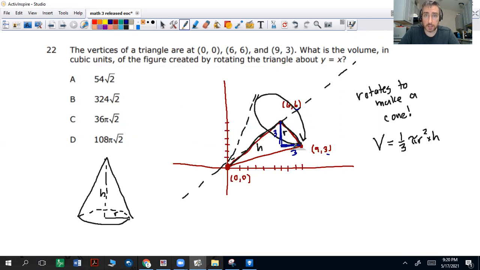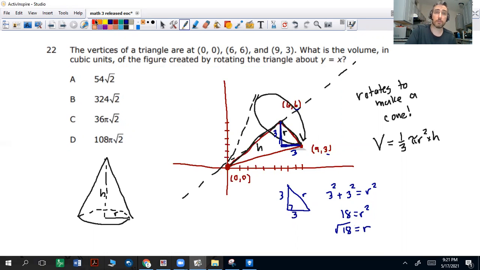So this radius you can get by doing the Pythagorean theorem. 3 squared plus 3 squared equals the radius squared. That's going to be 9 plus 9. So it's going to be the square root of 18. So that's your radius. Your radius is the square root of 18.